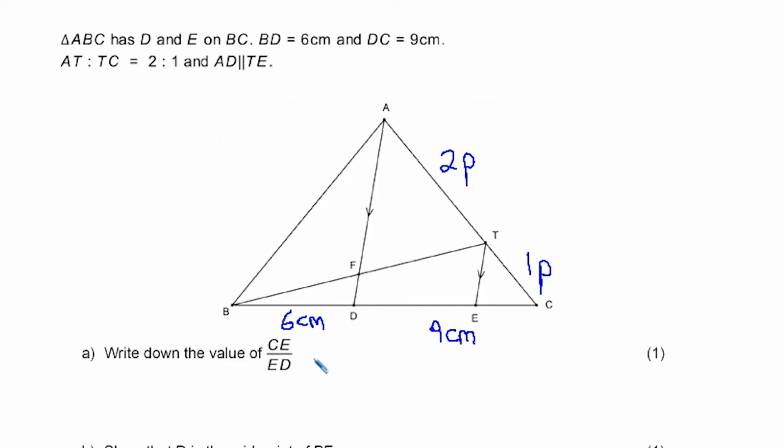So CE to ED is going to be exactly the same as CT to TA. Now CT to TA is actually 1p to 2p. The p's can divide out and we get a half. They didn't ask for a reason, but it's always good practice to give a reason, which is proportional intercept theorem, or line parallel to one side.